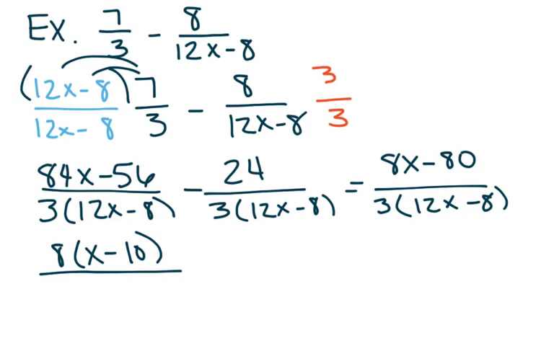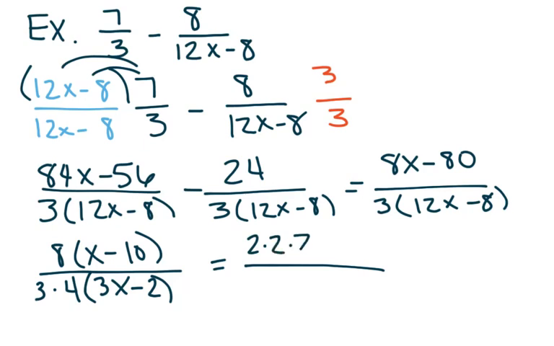So there's actually a 4 GCF I could take out. So I'm going to write it like this. Okay. So I can even make that a little bit easier. So 8 is really like 2 times 2 times 2. 4 is 2 times 2.